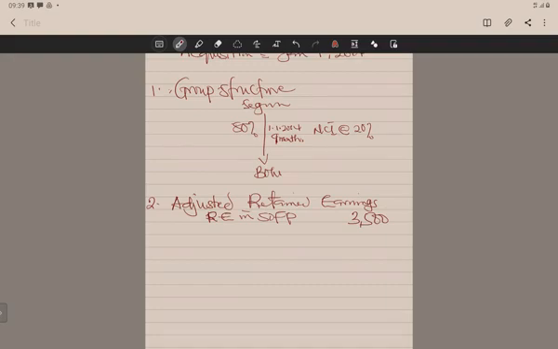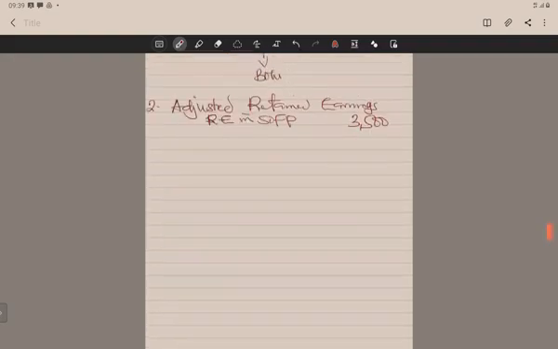The relevant adjustments include the share exchange, just like the first one. What is the share exchange?